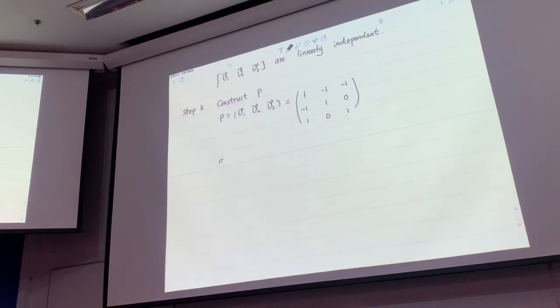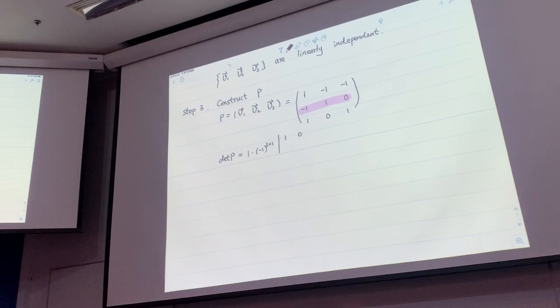So the determinant of P equals 1 times negative 1, 3 plus 1 times 1, 0. Here I expand it through this row, okay? And here I just want to show you that these vectors are linearly independent for sure, but here I can double check it.